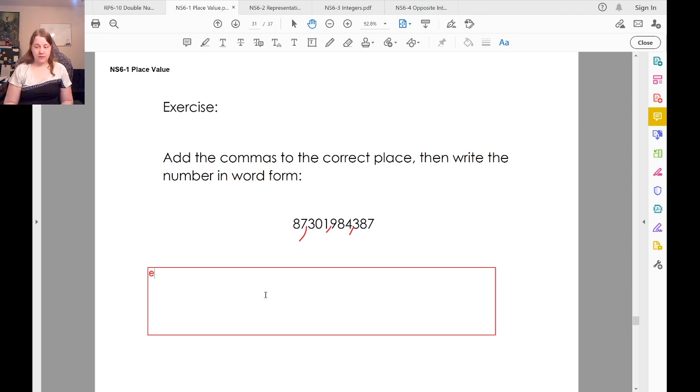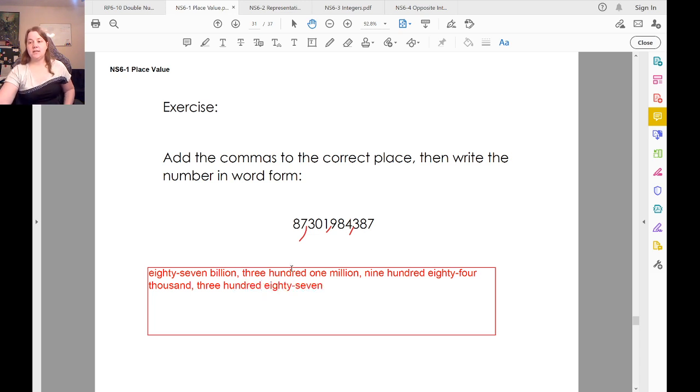Let's look at these billions. 87 billion, 301 million, 984,300, and rounding it all off with an 87. Cool. Let's go on.